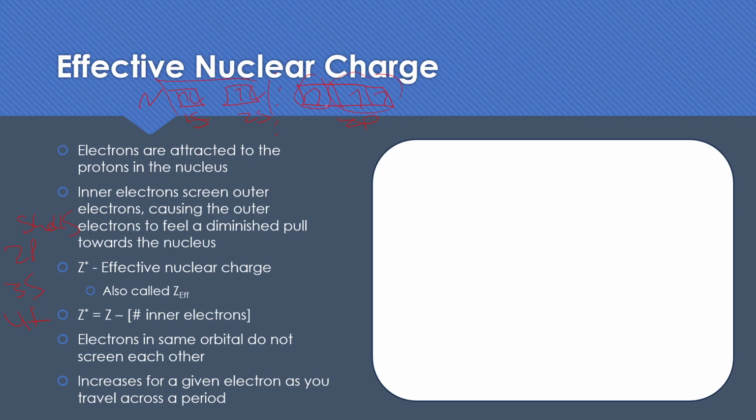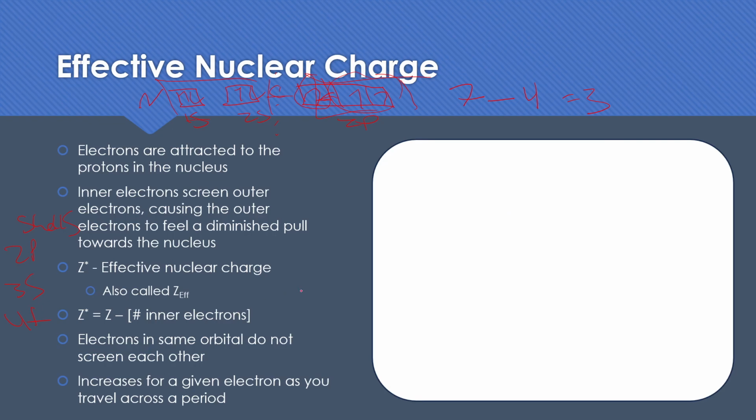These 2 electrons are not blocked by this electron. They're only blocked by these other 4 electrons. So these 3 electrons all would have the same effective nuclear charge. For these, your effective nuclear charge would be the atomic number of nitrogen, which is 7, minus the number of electrons between you and the nucleus. So for 2p, it's the 2s and the 1s, or 3.